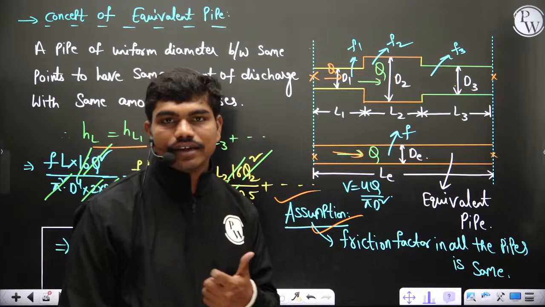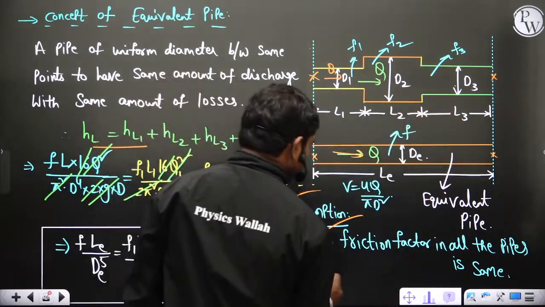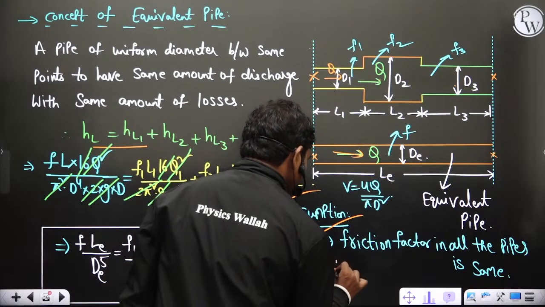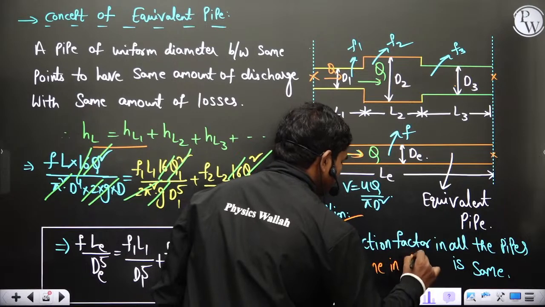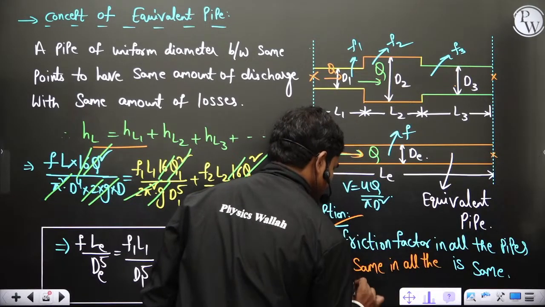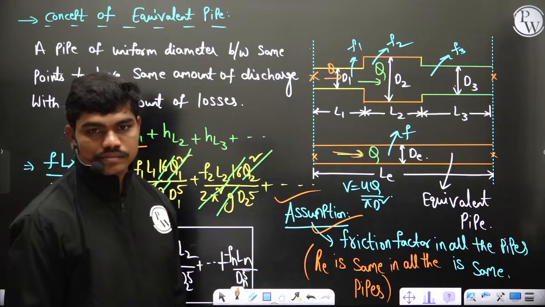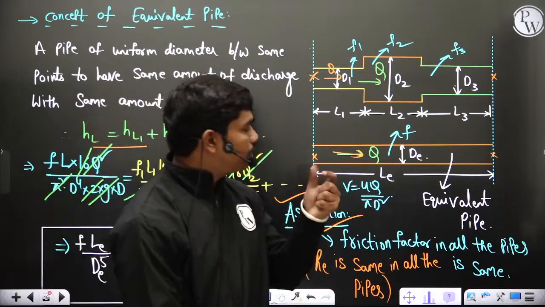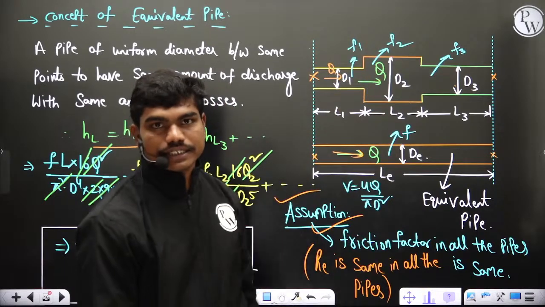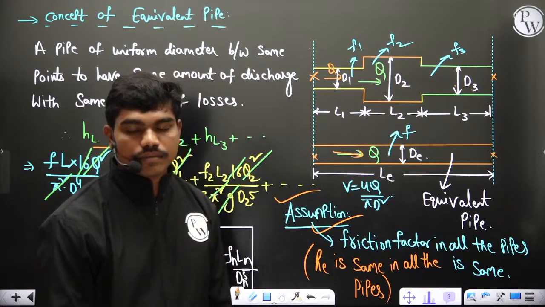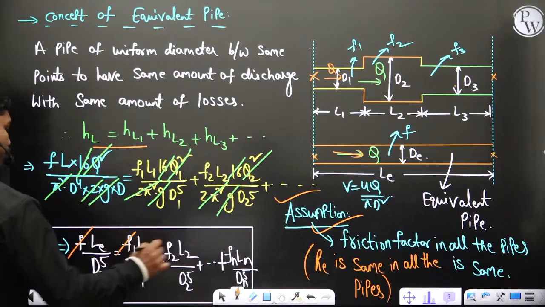That means basically we are telling Reynolds number is same in all these pipes. Okay, so this is a very powerful assumption actually. Reynolds number is same in all the pipes. In other words, you can say this V average into D product is maintained same. Okay, so anyway, if you make this assumption, then clearly this F gets cancelled.